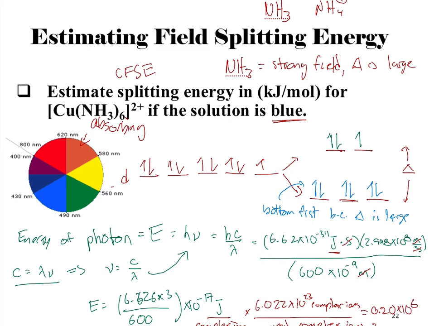So this will be like 2.0 times 10 to the 5 joules per mole. I'm running out of space here. It'll be 2.0 times 10 to the 5 joules per mole of complex ions, which is 200 kilojoules per mole.